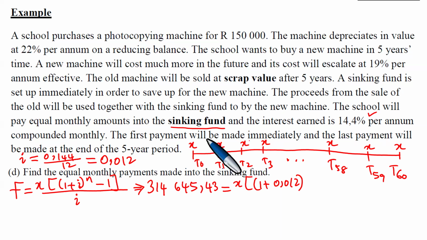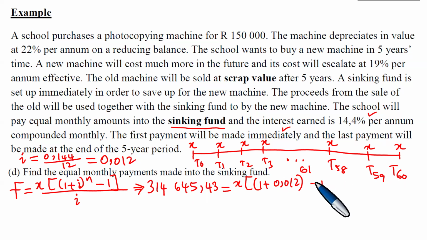But there's more information. The first payment will be made immediately, and the last payment will be made at the end of the 5-year period, meaning we have the +1 rule. The +1 rule says we shall have 61 payments, not just 60 out of the 60 months.